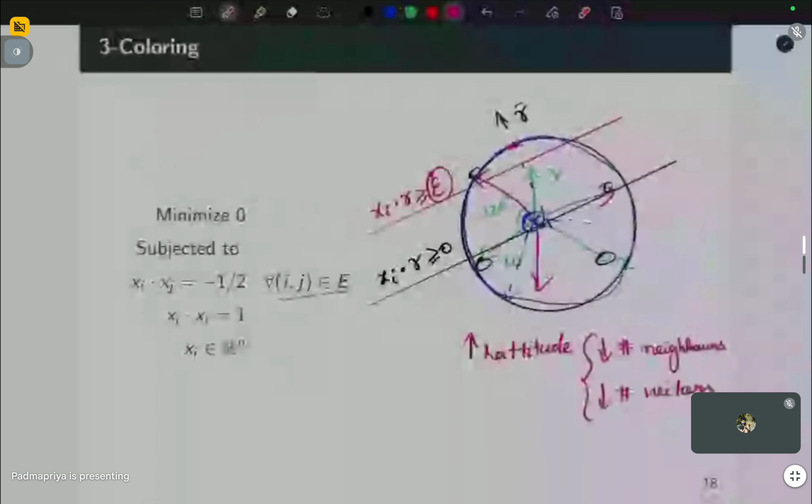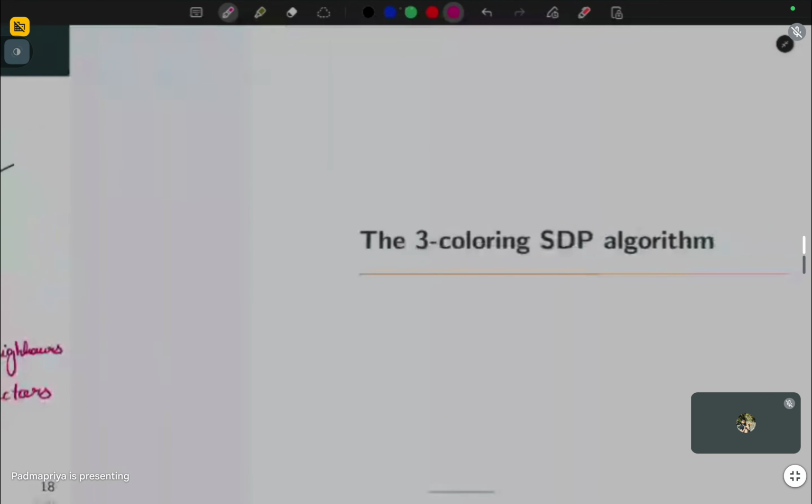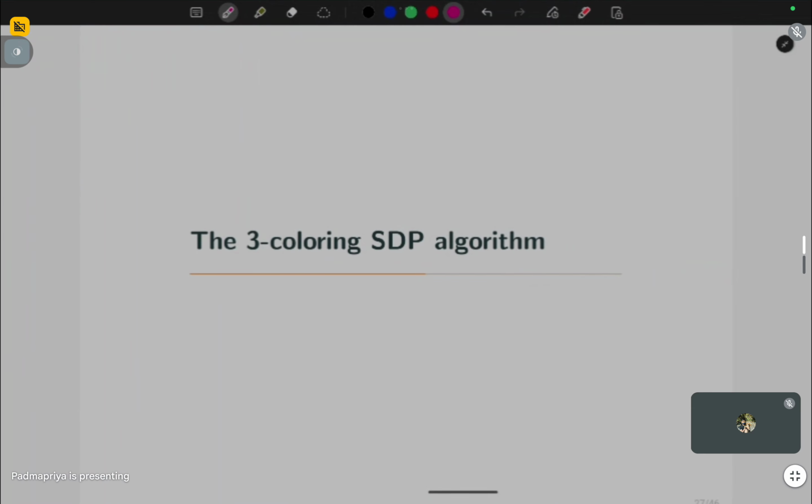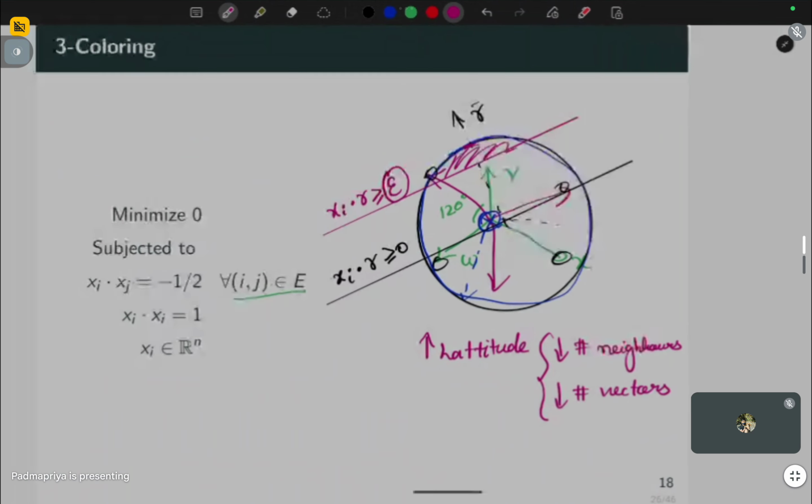That's the simple idea we are trying to do. So I increase this latitude. This is the overall intuition behind the semi-definite programming and vector programming setup, where we have associated vectors with every vertex. Now we'll come to the algorithm part.